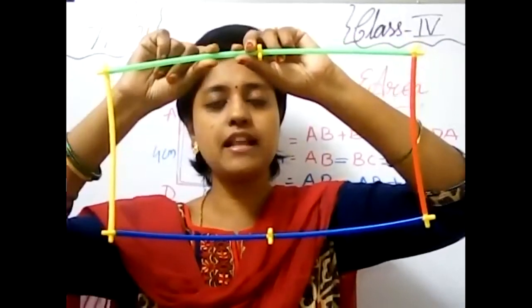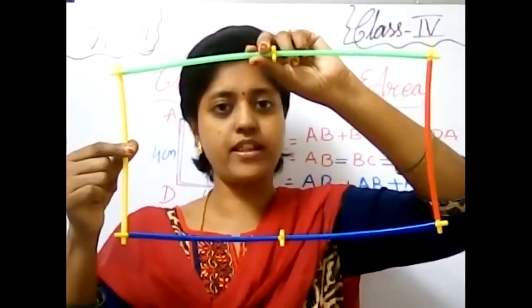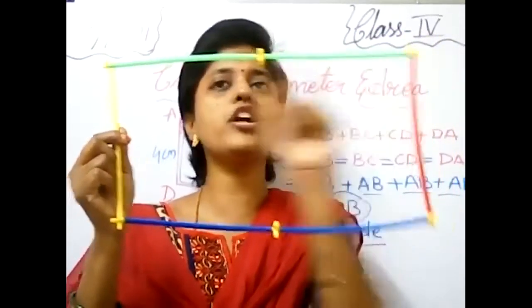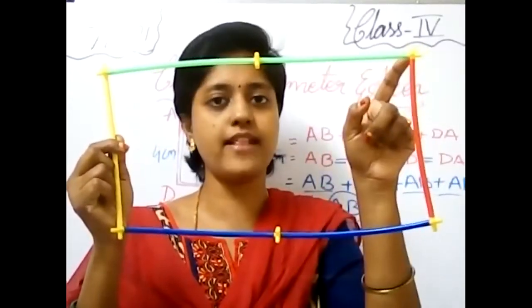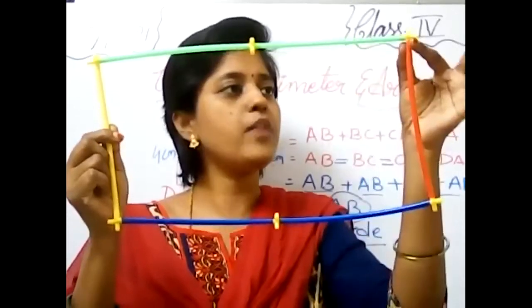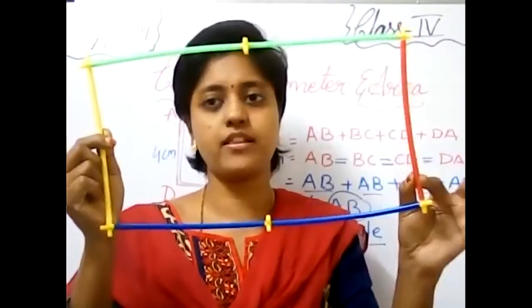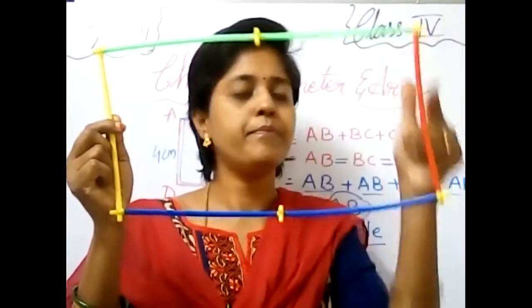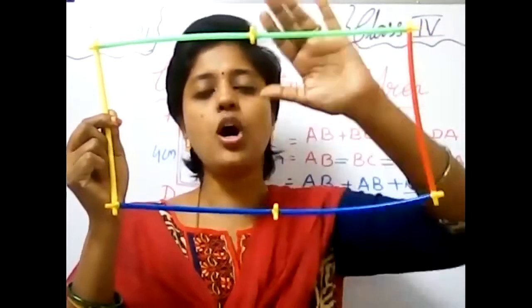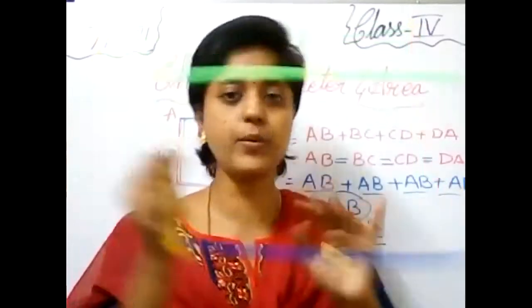So this is length and this is your breadth. The long horizontal line we call length. And the vertical one we call breadth. Length, breadth. Okay? In the rectangle, opposite sides are equal.